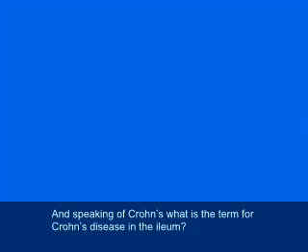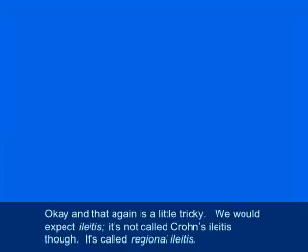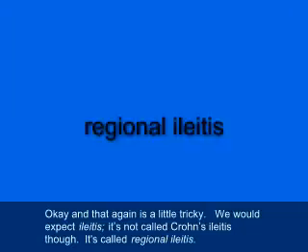And speaking of Crohn's, what is the term for Crohn's disease in the ileum? Okay, and that again is a little tricky. We would expect ileitis. It's not Crohn's ileitis, though. It's called regional ileitis. REGIONAL.